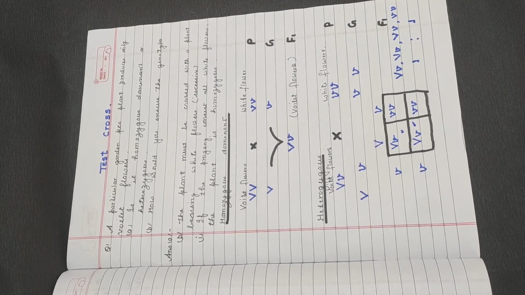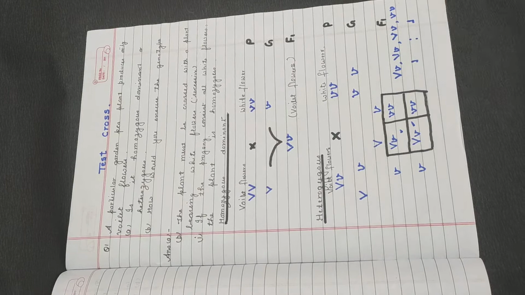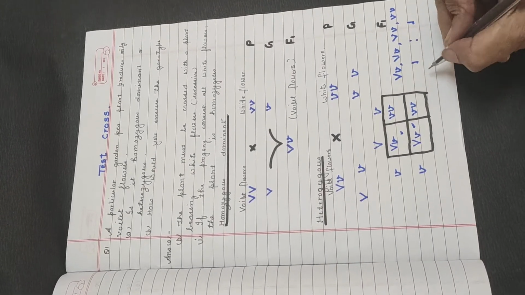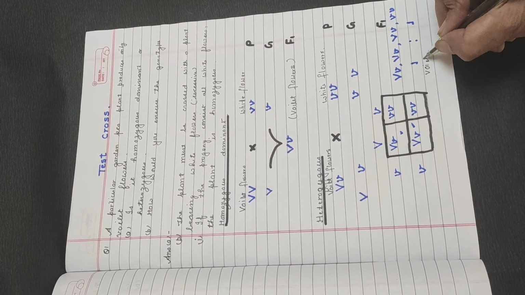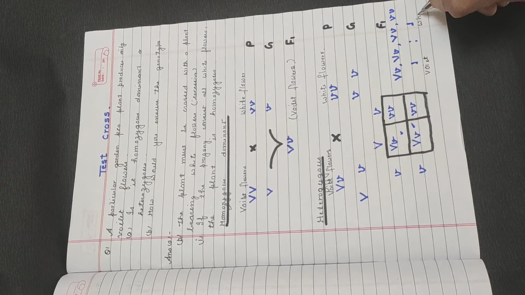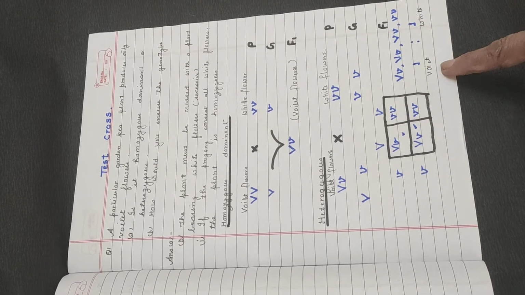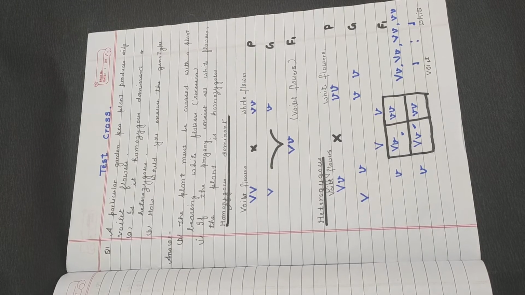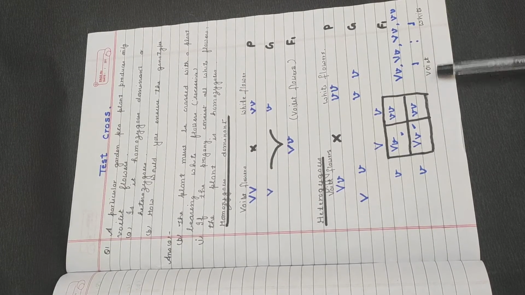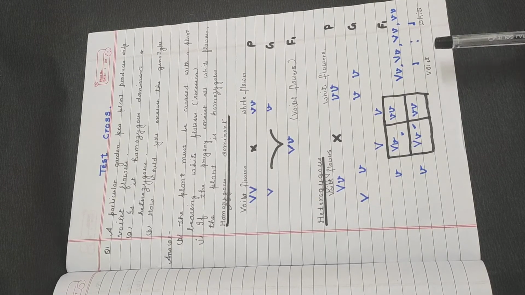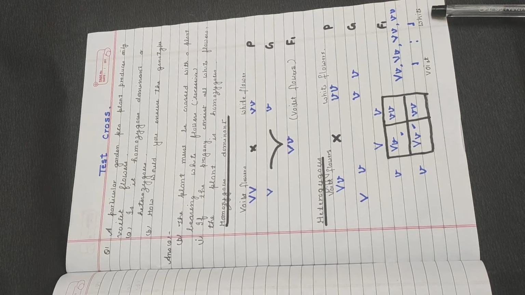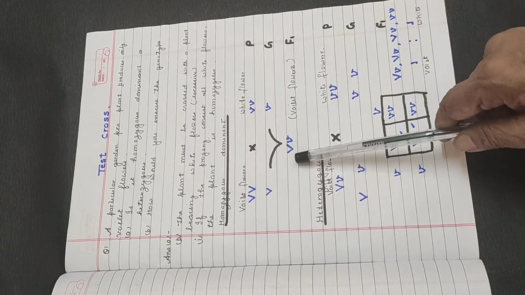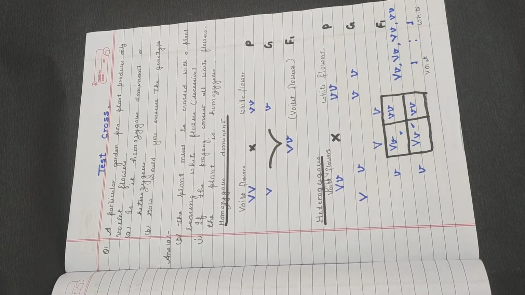It means 50% are violet colored and 50% are white. It means if that plant is heterozygous, in the F1 progeny half will be violet and half will be the recessive character. And if it is homozygous, all the plants will be of the same character.